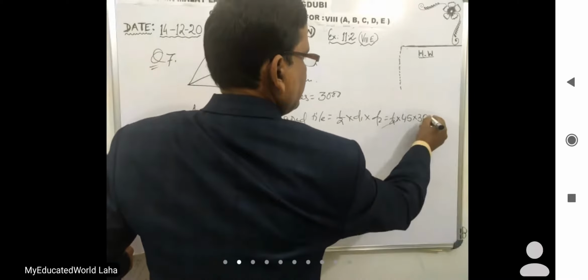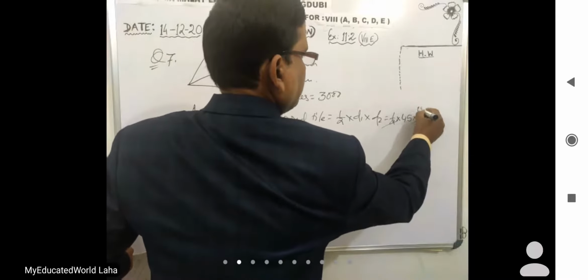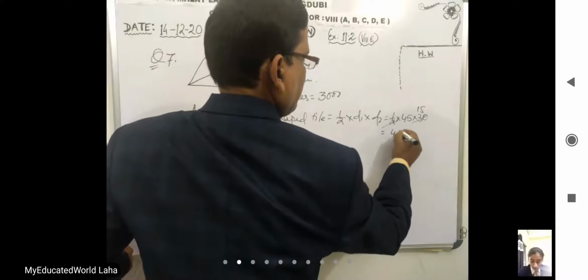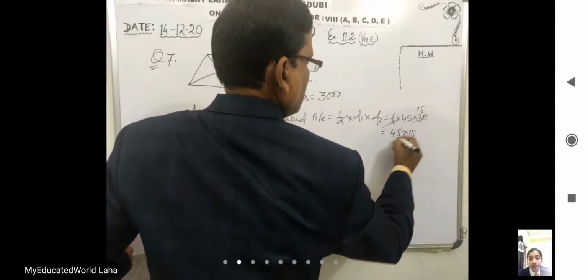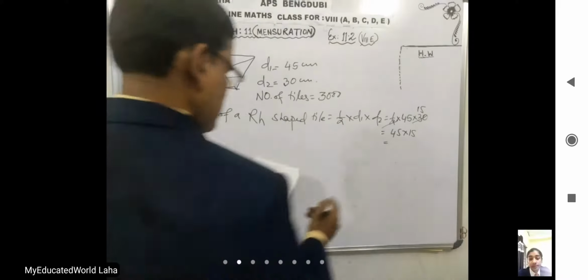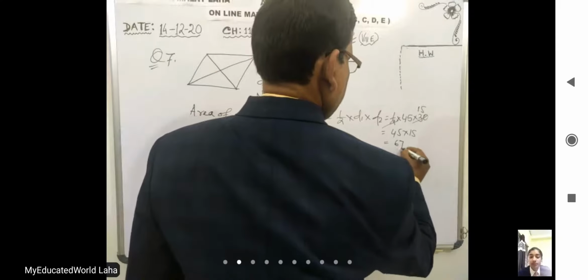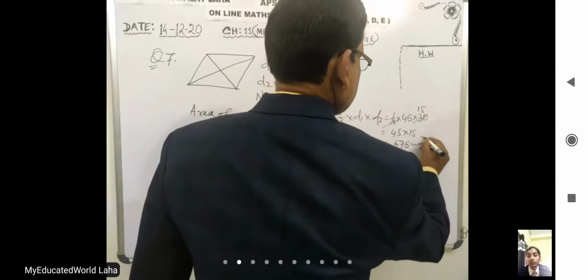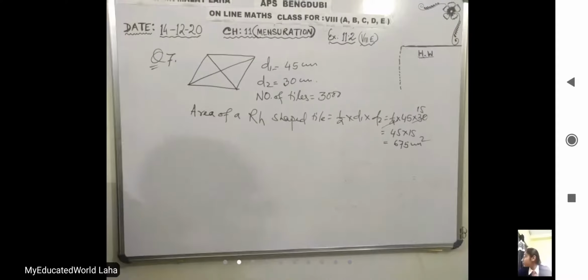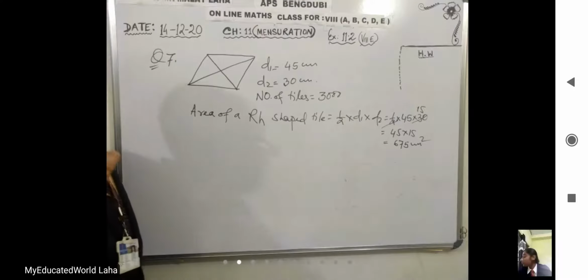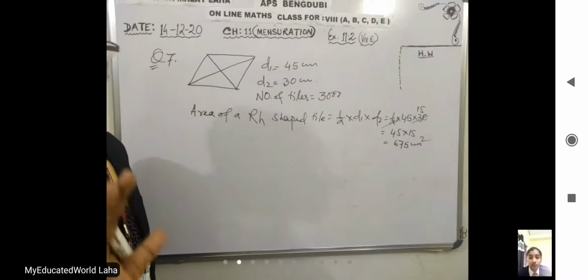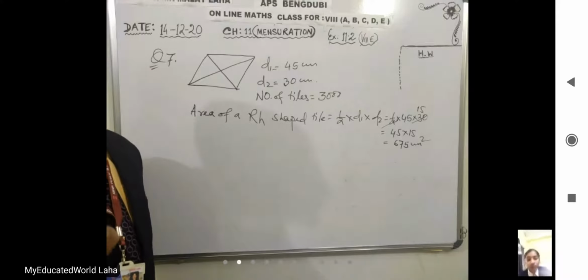So 30 and 2 cut, 15. So it is coming 45 into 15. That equals to how much? 675 centimeter square. Write down. 675 centimeter square is the area of one rhombus shaped tile.